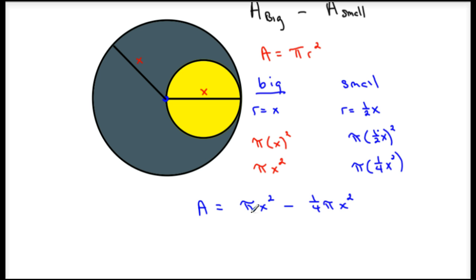Well, they both have a coefficient of pi, and they both have an x squared. So you could actually simplify this one more time. This is 1 pi x squared minus 1/4 pi x squared. So 1 minus 1/4 is 3/4 pi x squared. So the area of the shaded region is 3/4 pi x squared units squared.